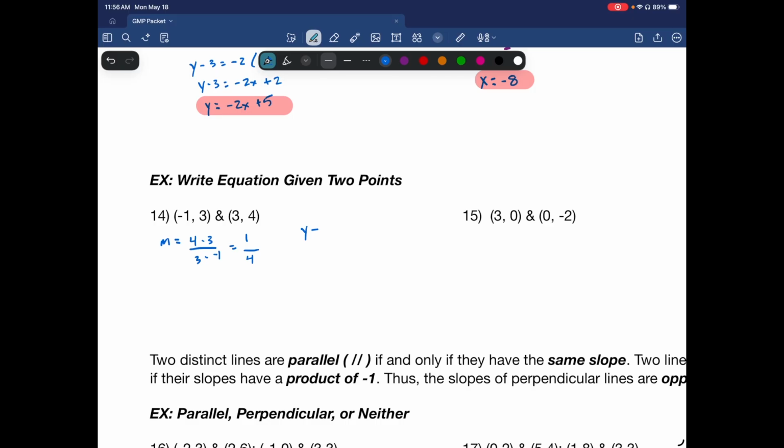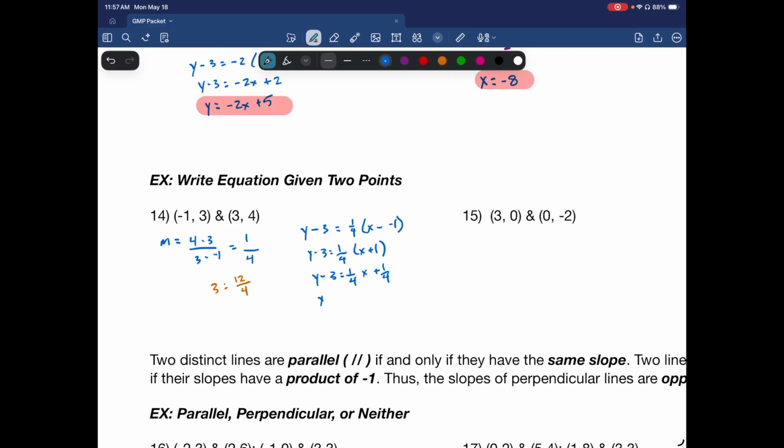And so let's see, I got y minus 3 equals 1/4 x minus negative 1. 1/4 x plus 1, so y minus 3 equals 1/4 x plus 1/4. 3 is the same thing as 12 over 4.